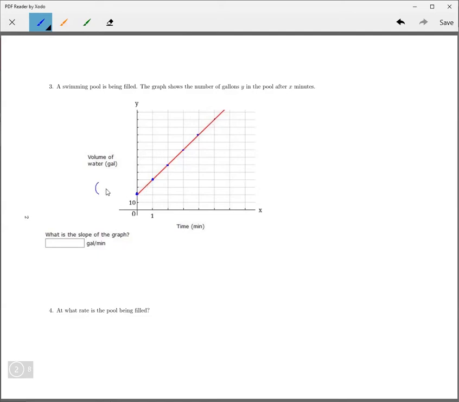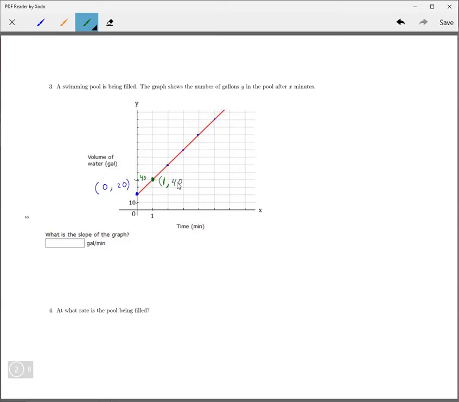This is the easiest. The x coordinate is 0 and the y coordinate is 20 for this point right here. For this other point, the x coordinate is 1, and the y coordinate is up here at 40, because it goes 10, 20, 30, 40.